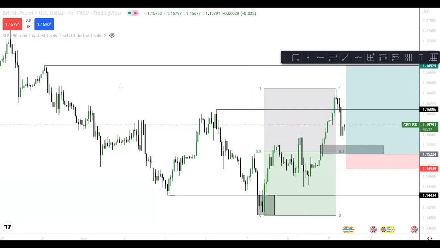So we have bam, bam, bam, bam, bam, bam. That's my model. Old low, failure swing liquidity, opposing liquidity run, trade entry, which makes sell side sweep, buy side sweep, my dealing range.